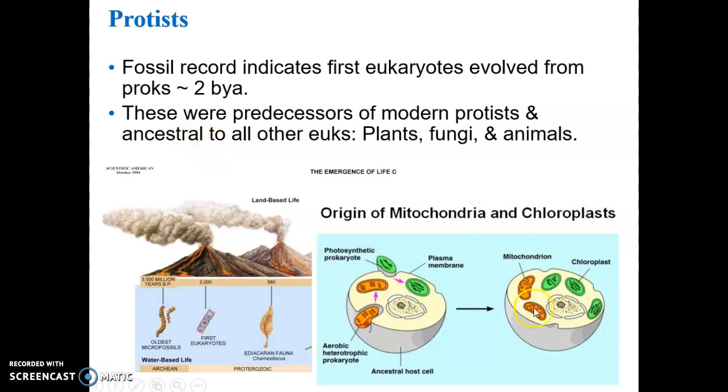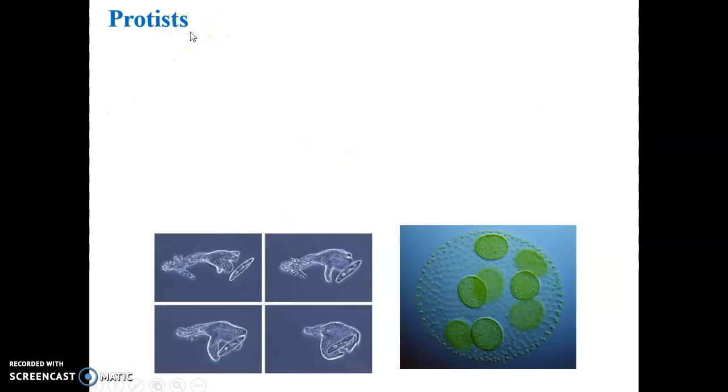So the protists then were the predecessors for the living protists of today and the ancestor to all of the other eukaryotes, that's the plants, fungi, and the animals. So within the eukaryotic organisms, the protists are the oldest.